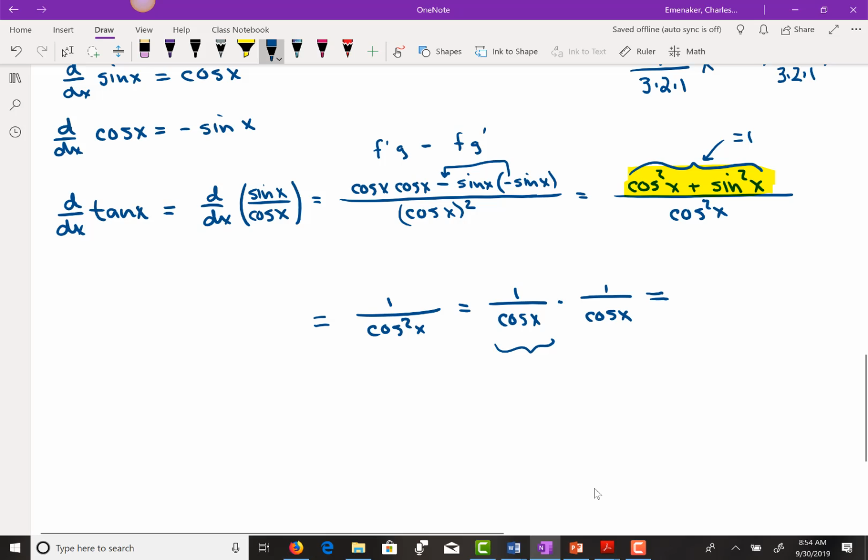Oh, so that's secant x times secant of x, which is secant squared of x. So what does this wind up giving us? Long way around. The derivative of tangent is secant squared of x.